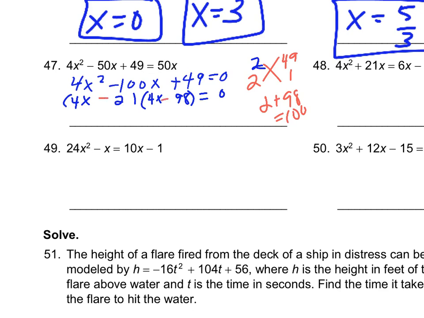So I'm going to divide by 2 on this one, so I'm going to get 2x minus 1. And on the second one, I can divide also. I'm going to divide by 2, so I'm going to get 2x minus 49 equals 0. And so my answers are going to be x equals 1/2 and x equals 49 over 2.